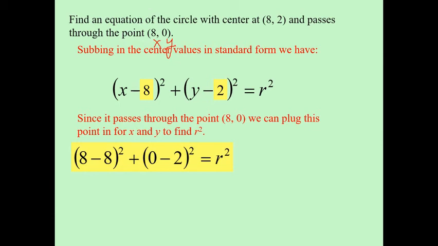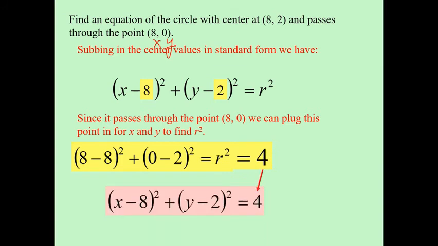So 8 minus 8 is 0, but 0 minus 2 squared is going to give us 4. Okay. Once we have the r squared, then we can go back to this part and then just put in the r squared.